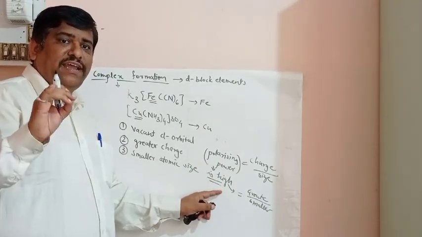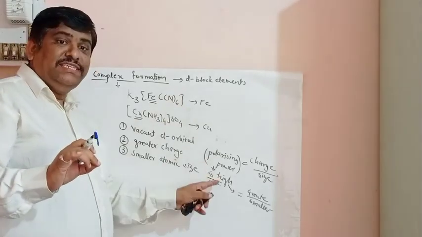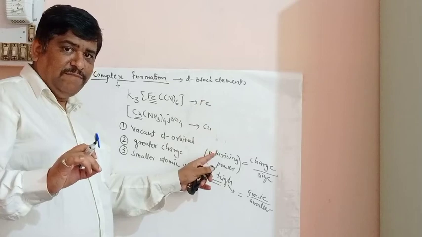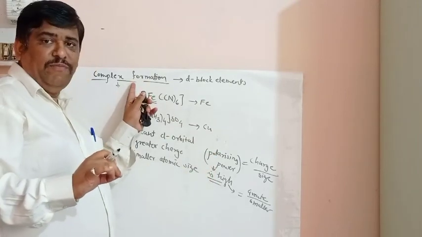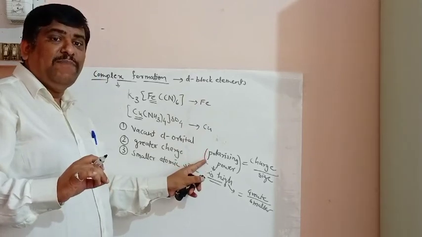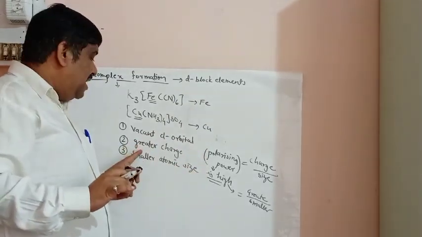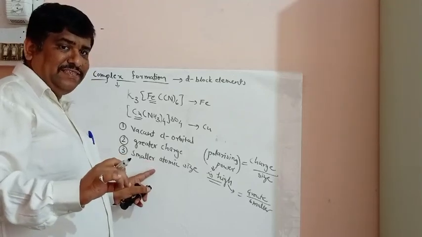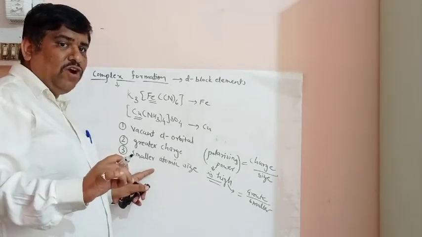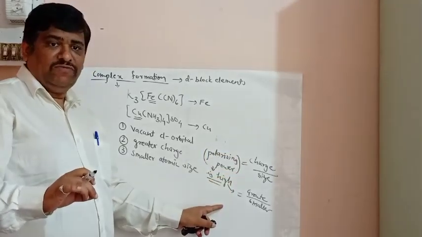So for CET and competitive exams, you have to remember that a compound having high polarizing power gives complex formation. In the d block elements, we have greater charge and smaller atomic size. Therefore, they give complex formation.